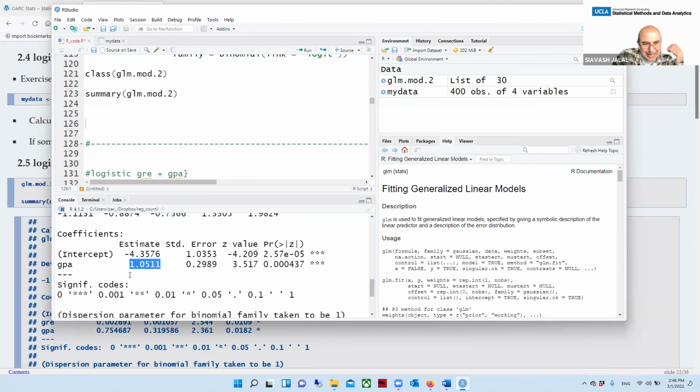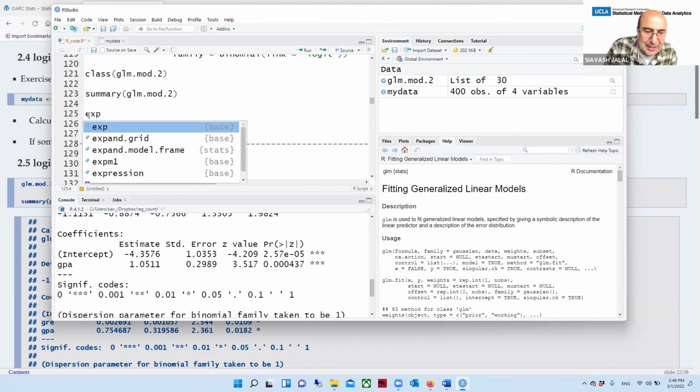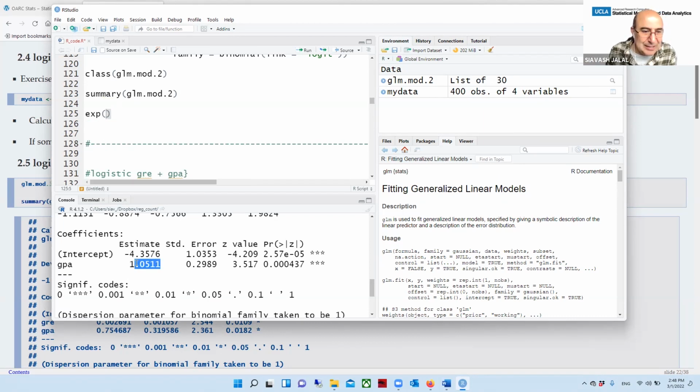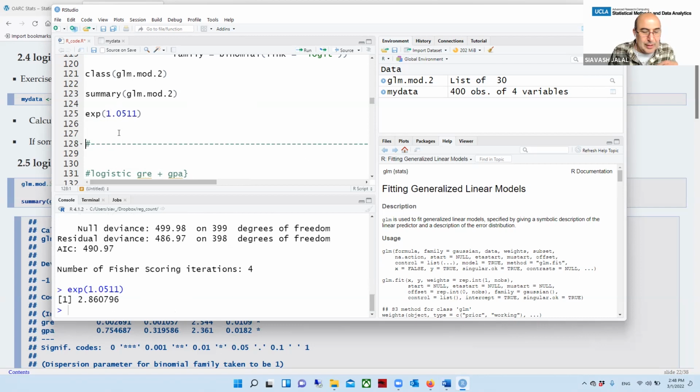As we said, this value is in the logit metric, right? So for every one extra GPA, the log of odds increases by 0.5. Let's see what that means if we exponentiate. So when we exponentiate this value, you get 2.86, right?